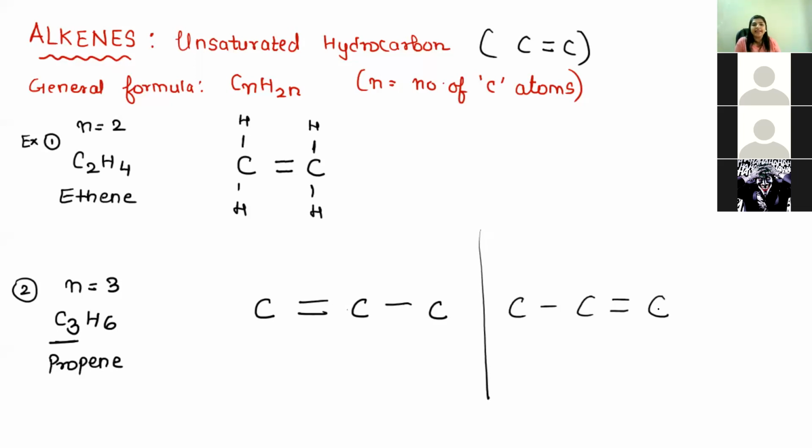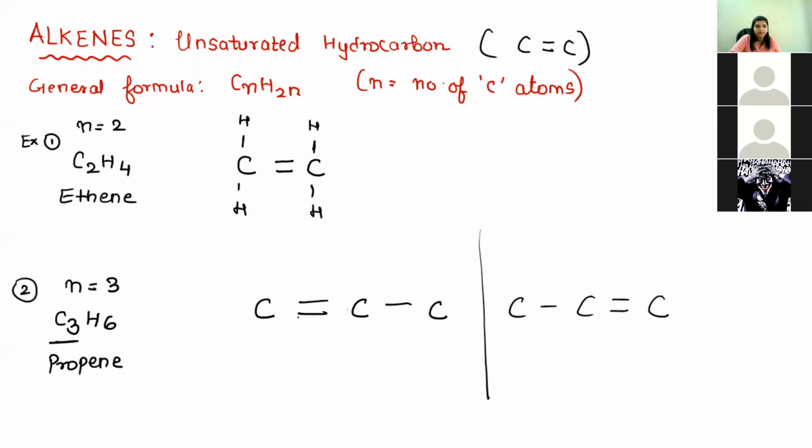Anything is fine for writing propene. I repeat, for alkene, depending on the number of carbon atoms, between any 2 carbon atoms there has to be a double bond. That doesn't mean that between every carbon there has to be a double bond. That is not alkene. Between any 2 carbons, there has to be a double bond.